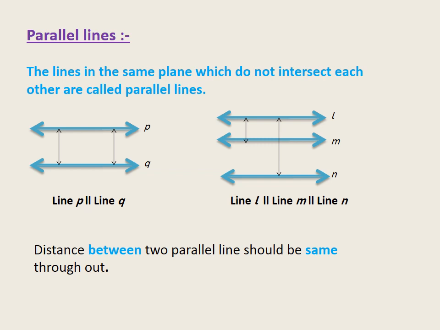In figure 1, line P is parallel to line Q, and in figure 2, line L is parallel to line M, which is parallel to line N. That is, the distance between any two parallel lines should be the same throughout.